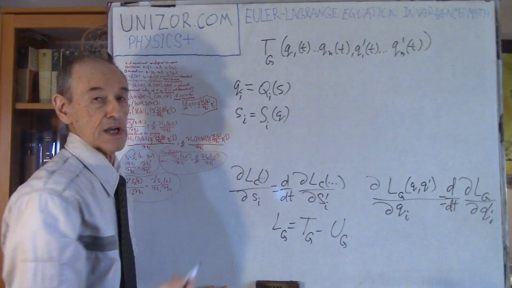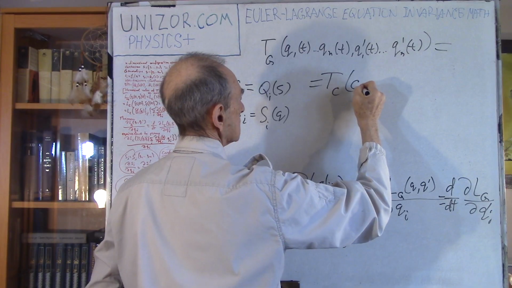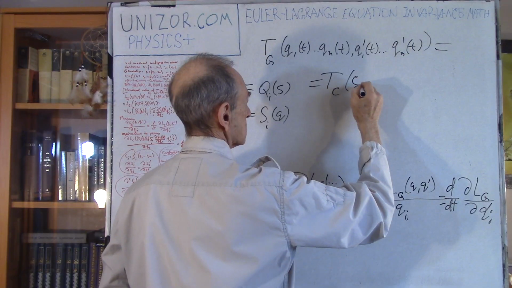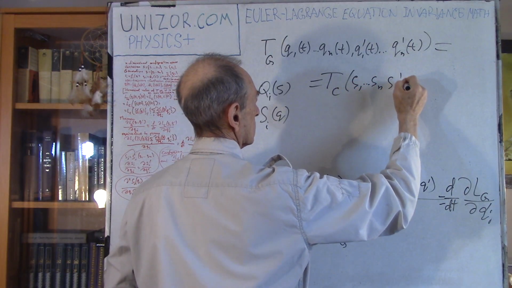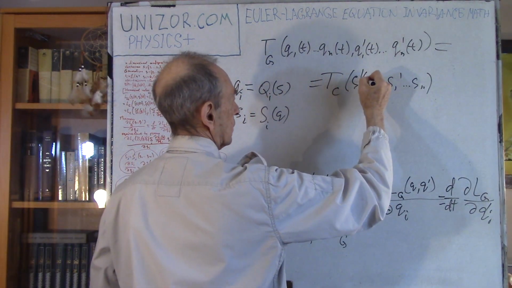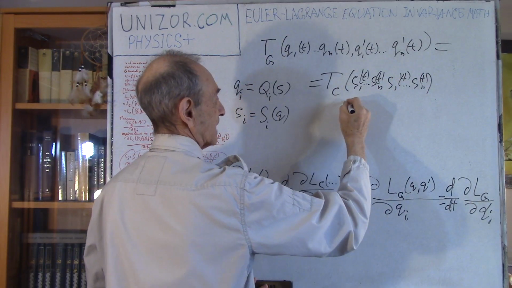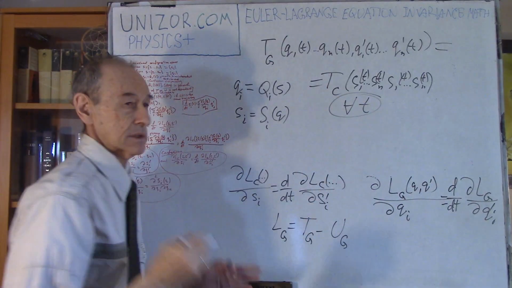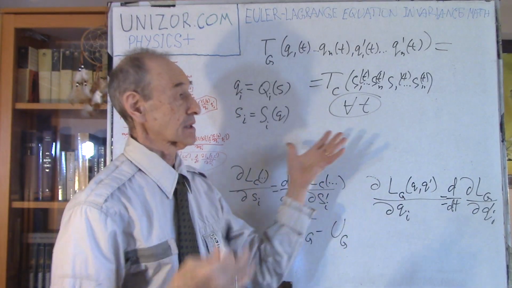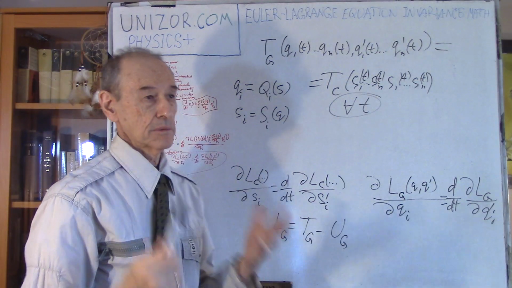If this is the same trajectory, then that should be equal to Tc of S1, etc., Sn, S1 prime, etc., Sn prime. They are supposed to be equal at any time, at any point on the trajectory where the system is located at that time. So that's a very important quality.